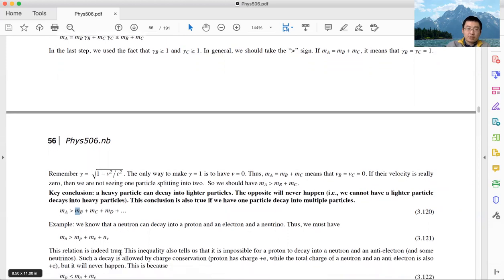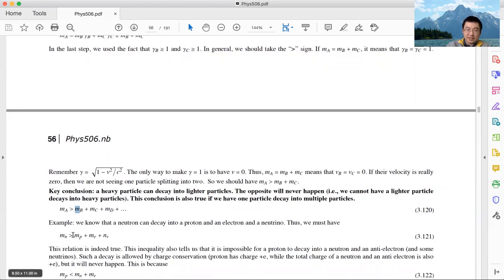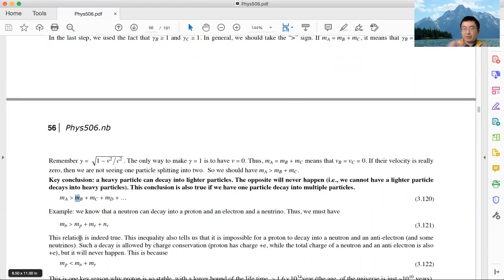For example, we know that a neutron can decay into a proton and electron, and at the same time, it will give out a neutrino. Neutrino mass is very small. Electron mass is not very small, but much smaller than proton and neutron. Neutron and proton have very similar mass. Their mass is very close. But the neutron has mass slightly larger than proton.